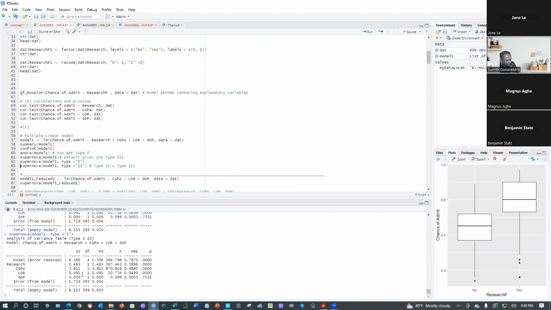Look at this one: SS, this one, this one, this one, and this one. They should add to 6.386. This is the decomposition. Some decimal places have been taken out.